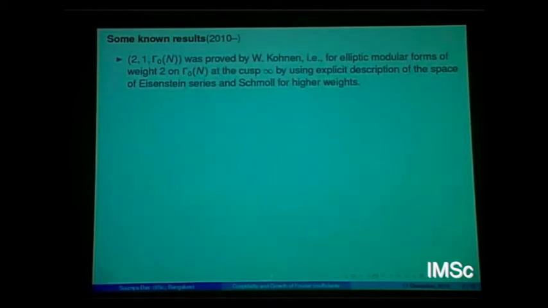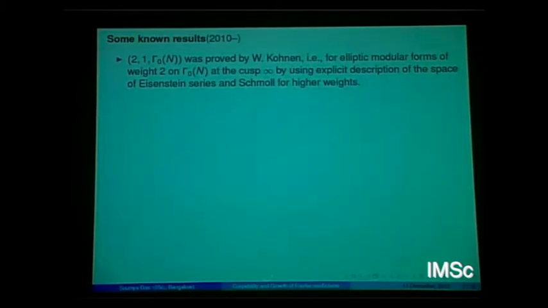Some known results I would like to recall now. This must have been known much before, but it was started by Siegfried Böcherer in one of his papers. We got to know about it. What he proved is the following: for elliptic modular forms of weight 2 on Γ_0(N) at the cusp infinity, the Hecke bound is enough to characterize cusp forms.